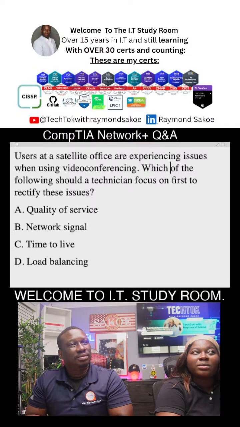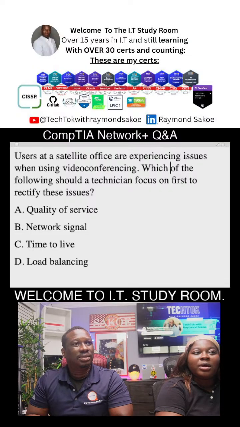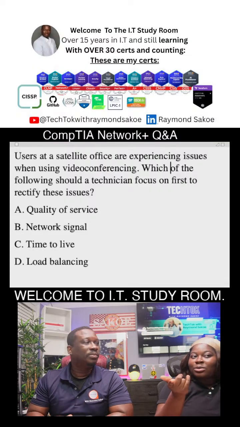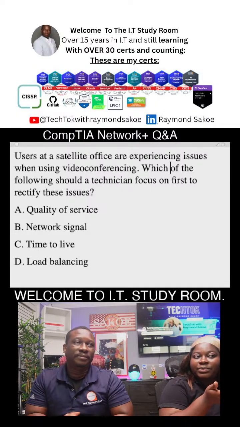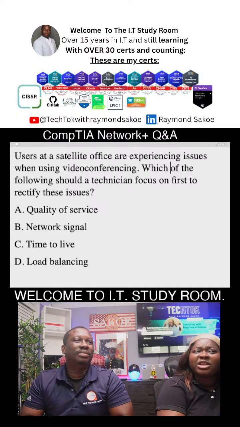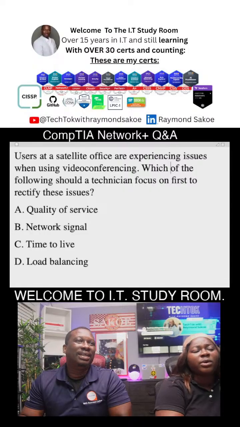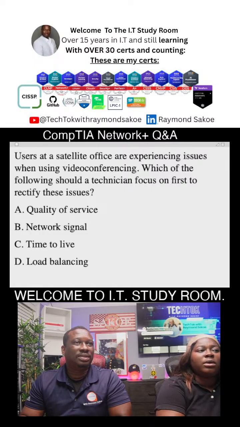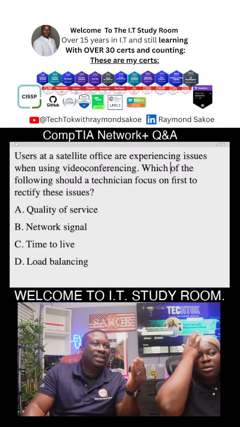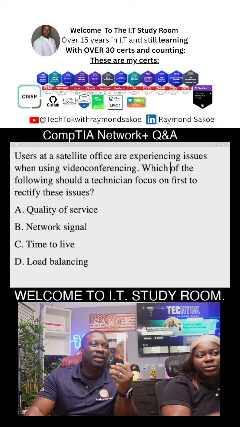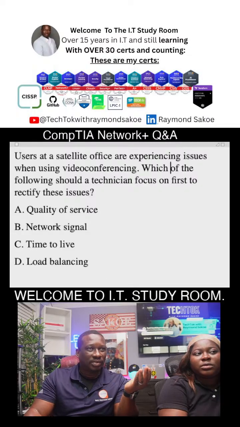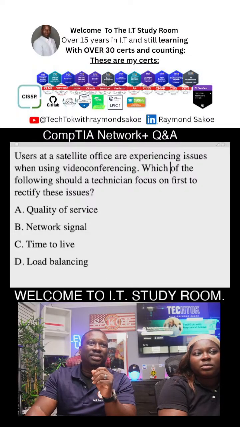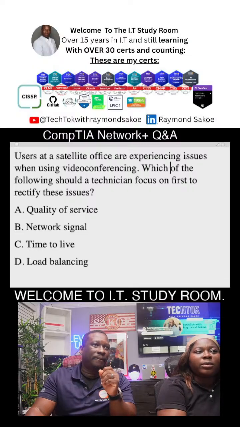Wouldn't the network signal affect the quality of service? Okay. If you see quality of service in generic terms, making the signal better would help with quality of service. But in this context, no. Okay. All right. What's the answer?